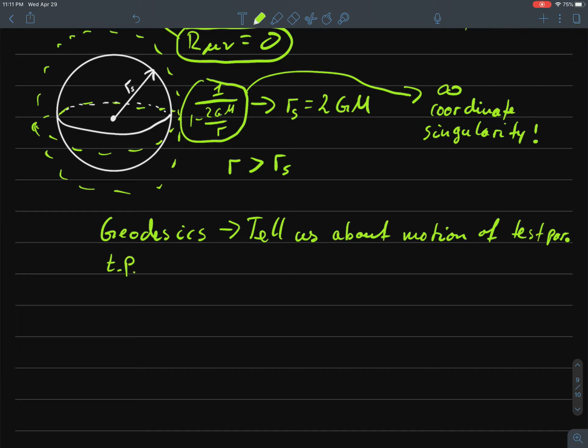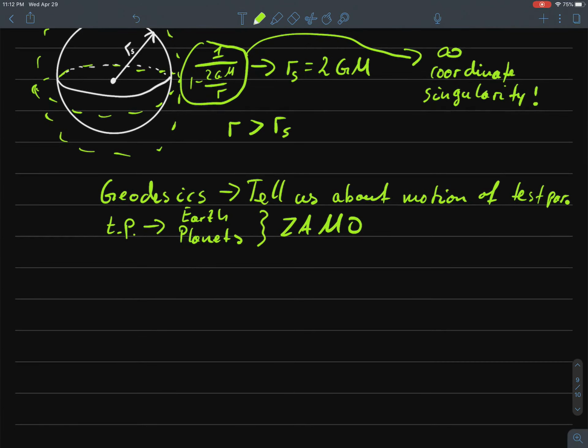That could be anything like the Earth, other planets, and anything. There's also test particles which we call ZAMOs. Those are zero angular momentum observers. So we're not going to really think about the Earth as rotating in its own right. And again, the gravitational effects from that are really negligible.